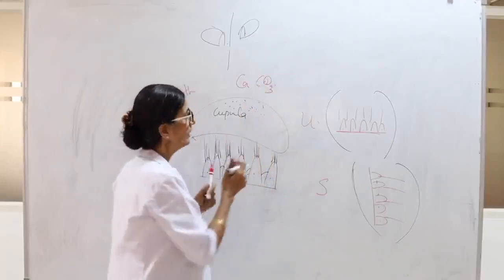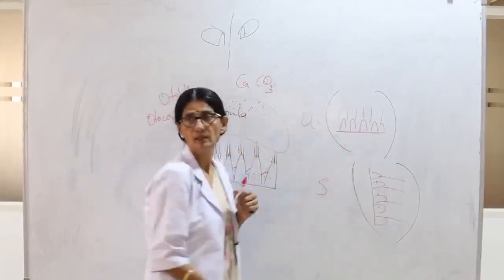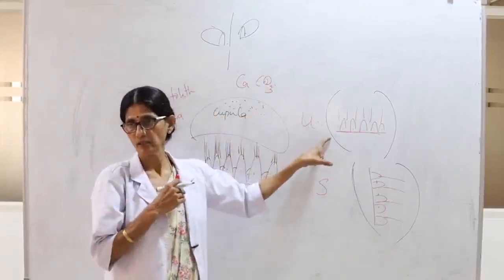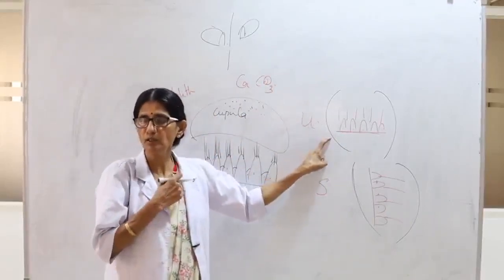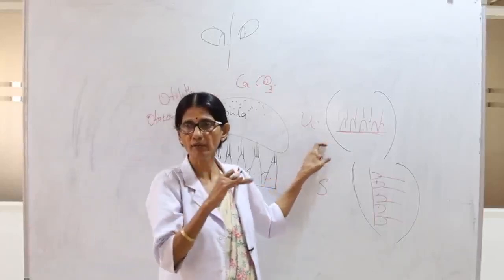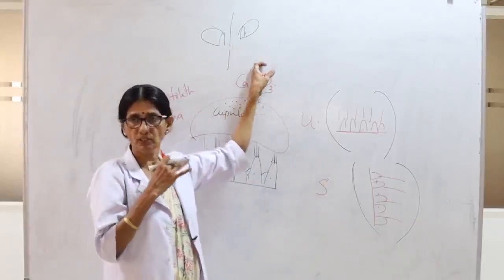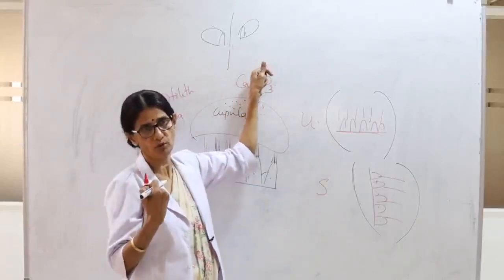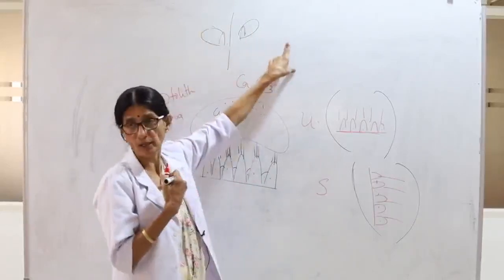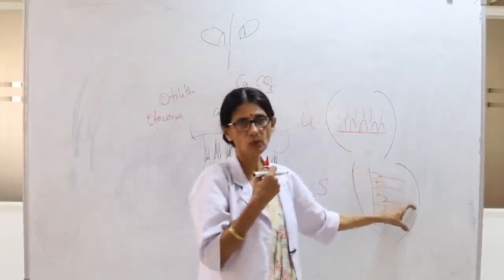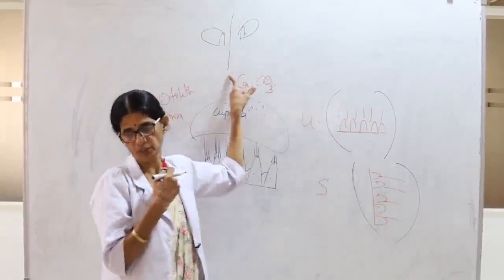So the otoconia are acting as tonic receptors with a continuous stream of impulses even during rest, whereas this becomes stimulated only when there is a motion of the body or of the head in relation to the body. So this is acting as a phasic receptor. So these are the tonic receptors and these are the phasic receptors.